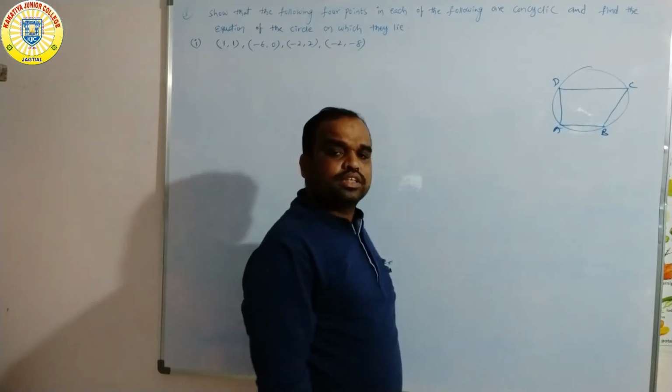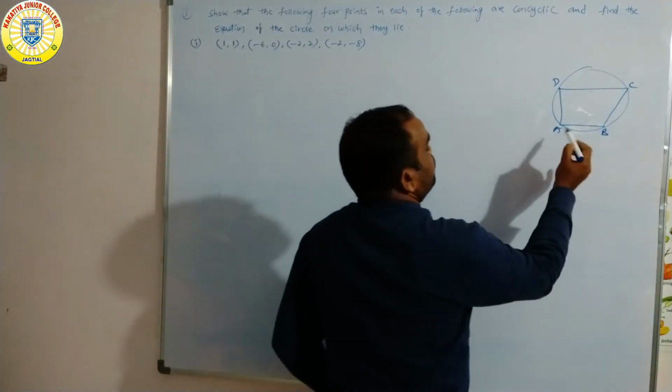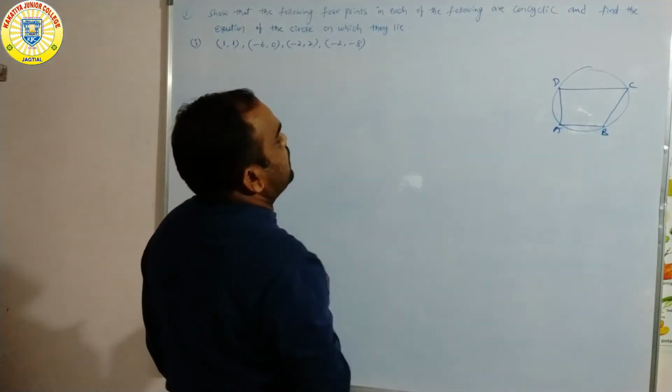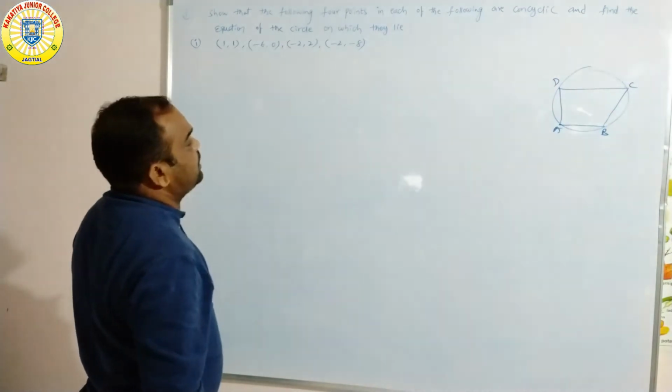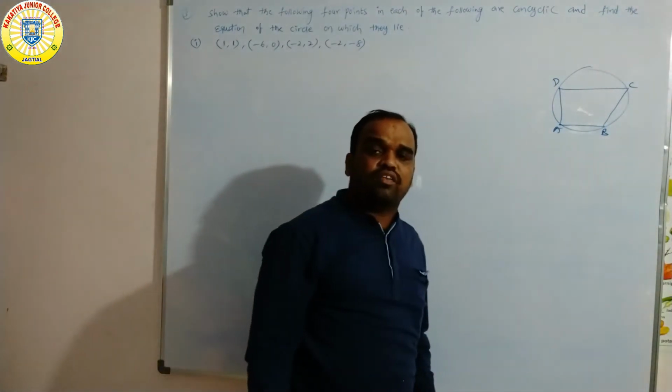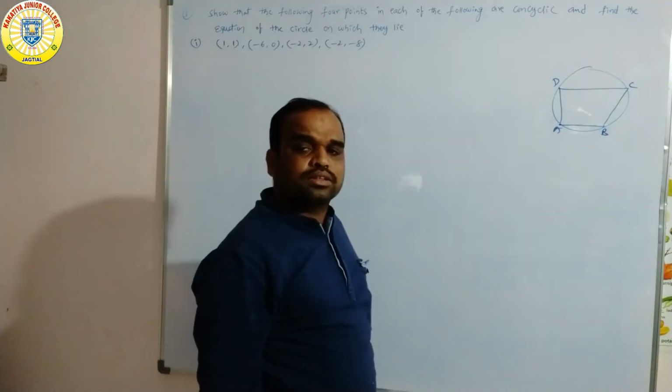Now see here, what is our question? Prove that these 4 points are concyclic and find the equation of circle on which they lie. Understand?